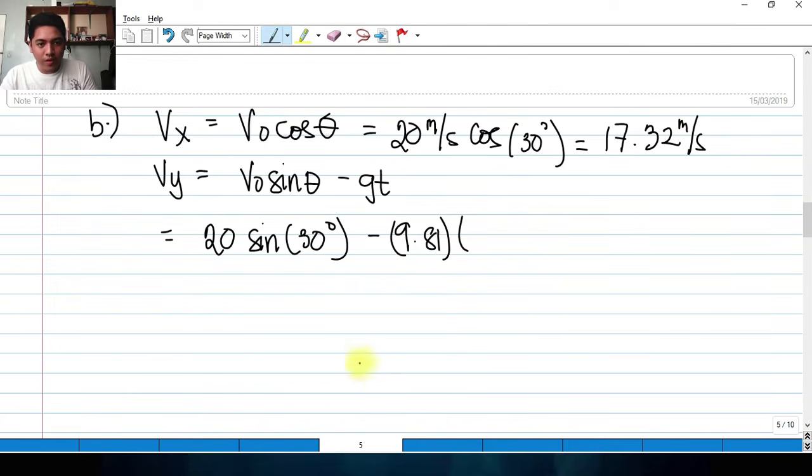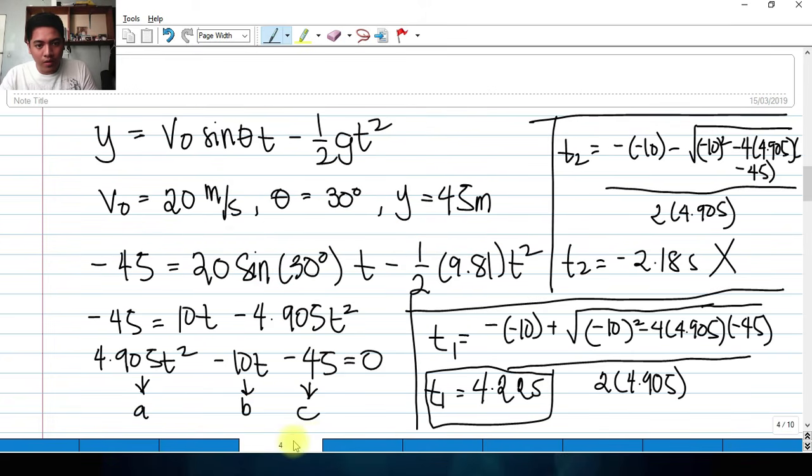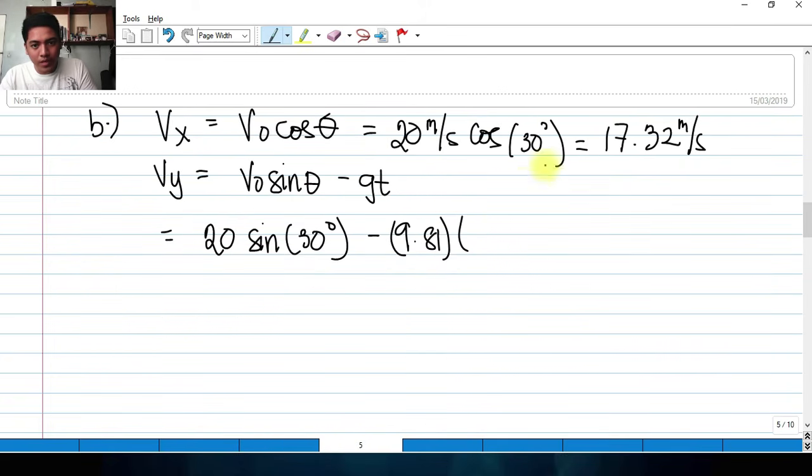So what is our time a while ago? Our time is 4.22 seconds. If you wish to compute that, 20 sine 30 minus 9.81 times 4.22 should give us negative 31.3982 meters per second.